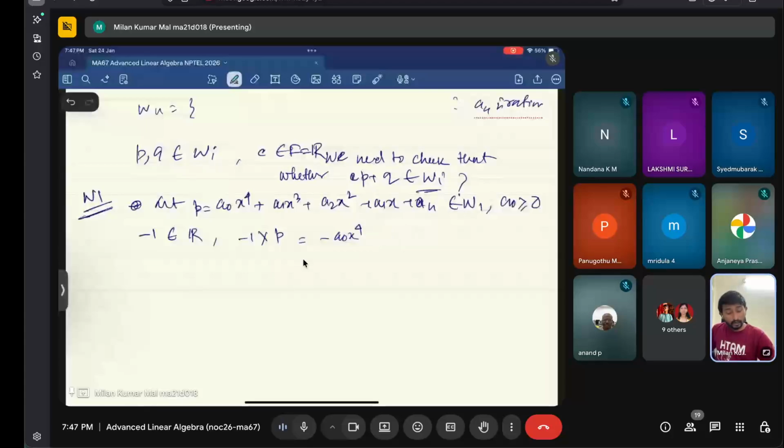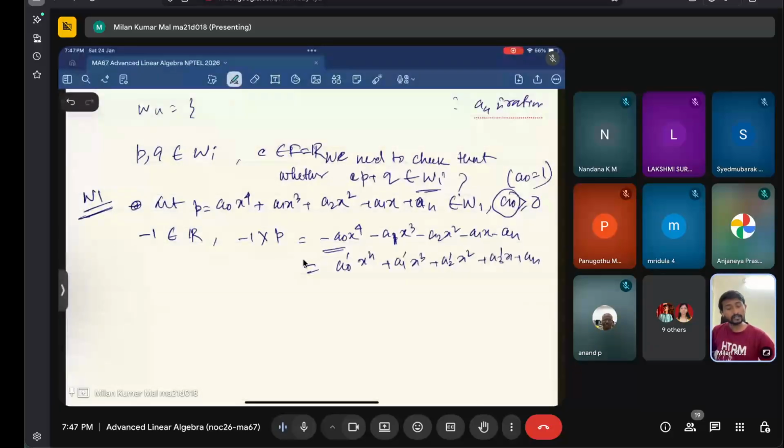So now it is in a new form, A naught dashed x to the power 4 plus A1 dashed x cube plus A2 dashed x square plus A3 dashed x plus A4 dashed, where A naught dashed equals minus A naught and all other entries are similar. But if I take A naught as a positive real number, then minus A naught is negative. That contradicts the condition, which implies that minus 1 times P does not belong to W1. So W1 is not a subspace.